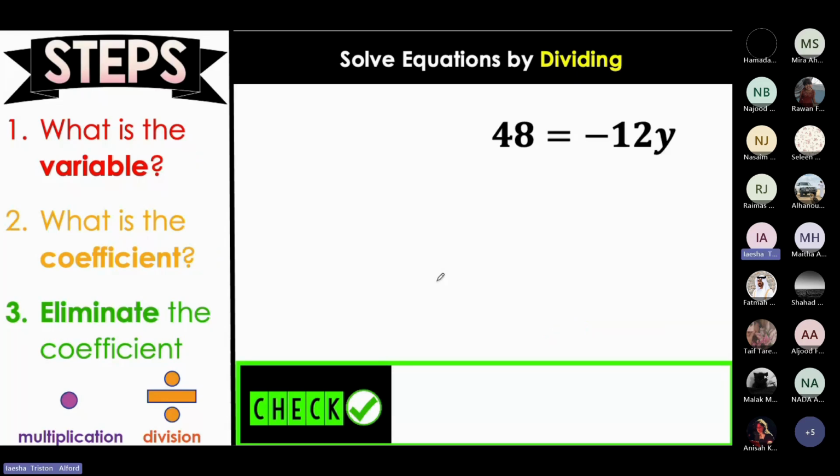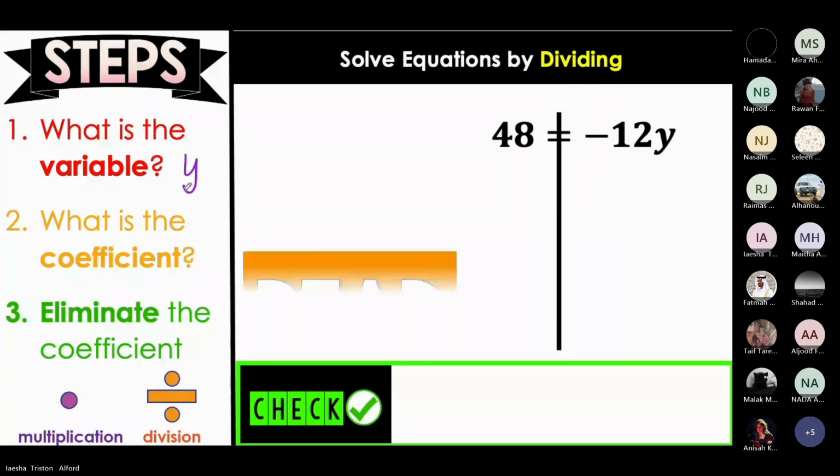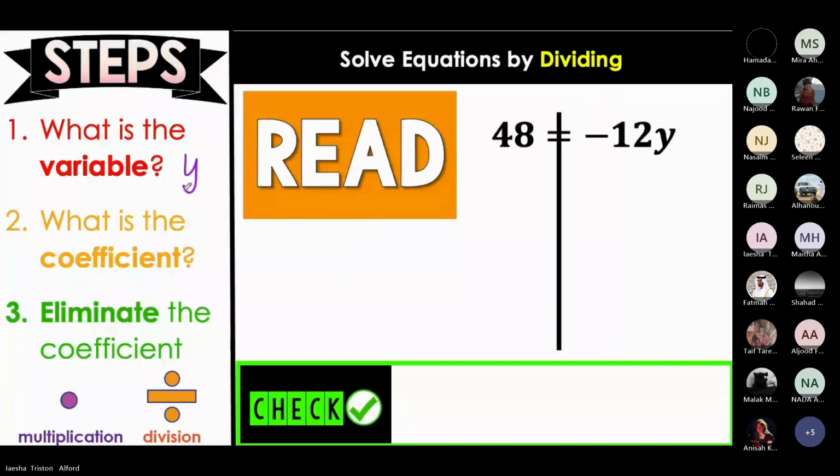Try again. What's your variable? y. Can you read it? Negative 12 times y. It is multiply. So what is your coefficient here?